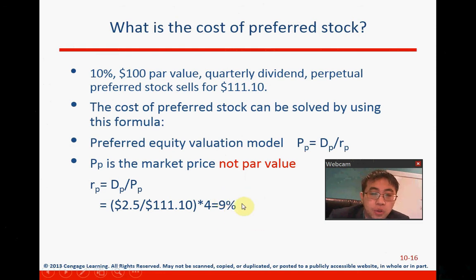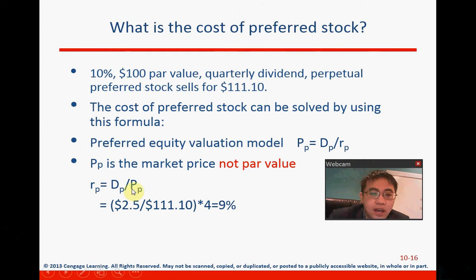Okay? So two things you need to really remember. One is you need to use the market price, not the book value price, as the price in your formula. And the second, if this is paid quarterly, it does not matter. Although I divide by 4 and multiply by 4, and then I got a 10, the frequency of a dividend payment does not matter.